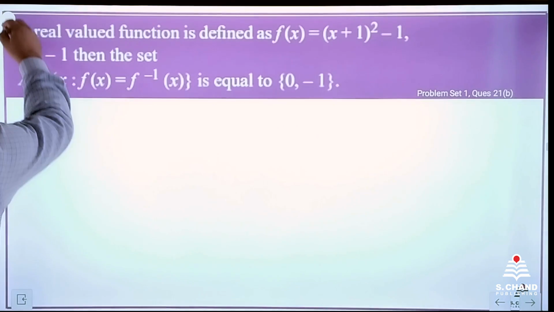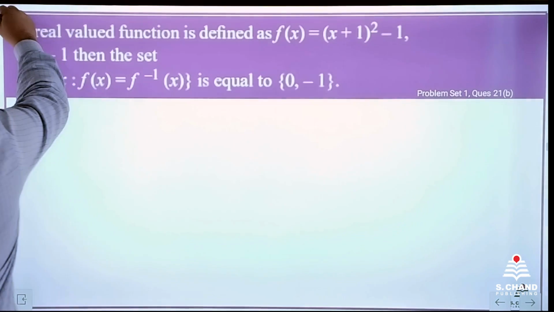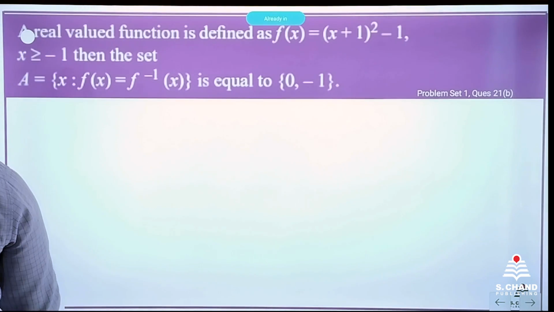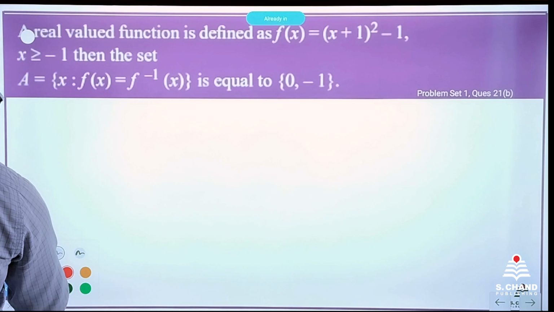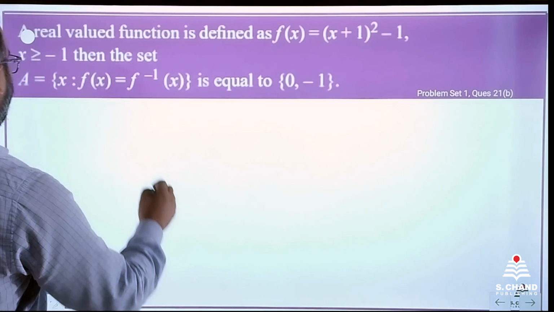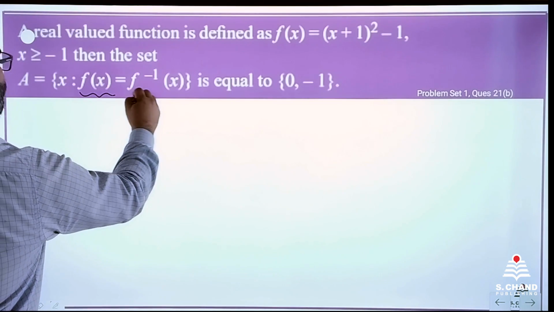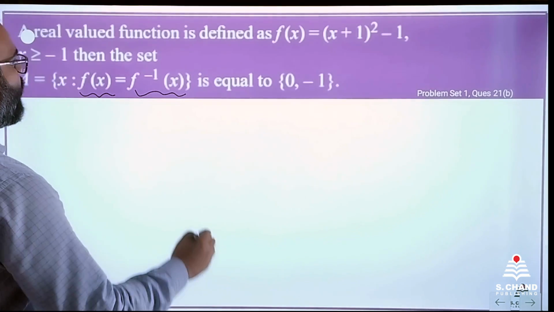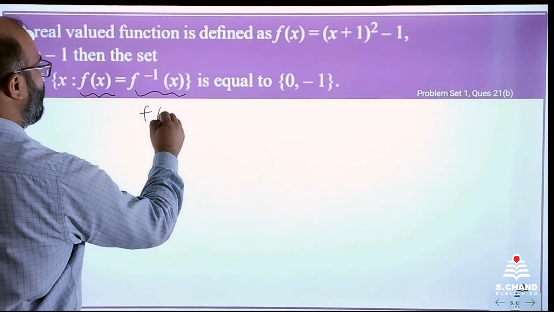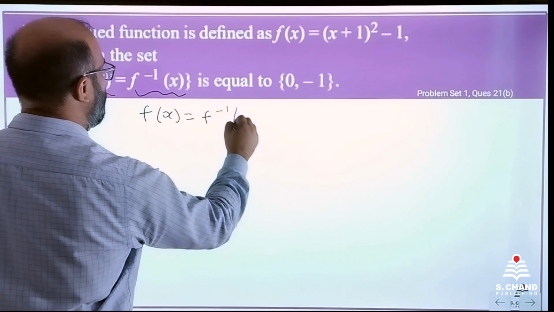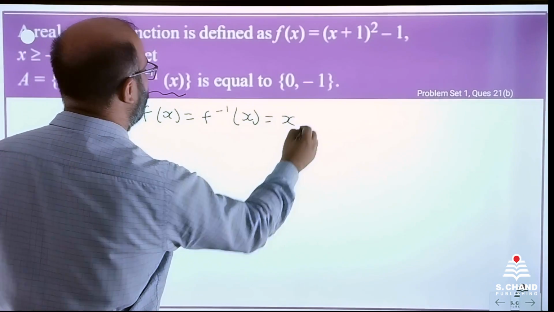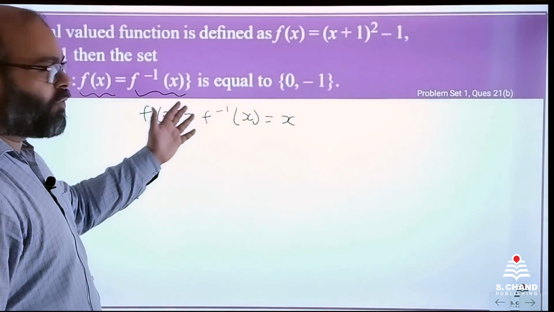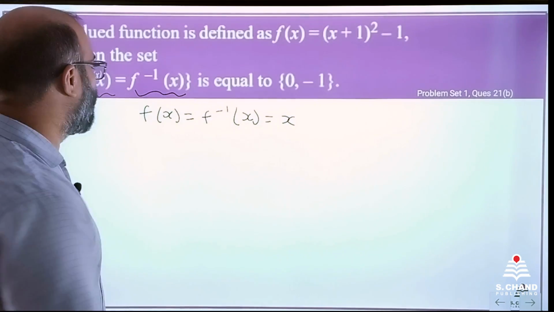So what we will do here is, we will again see that it is a question of inverse function, and if we equate f(x) with f inverse of x, so we can say that f(x) is equal to f inverse of x is equal to x actually, because both the functions will meet on the line y equal to x.